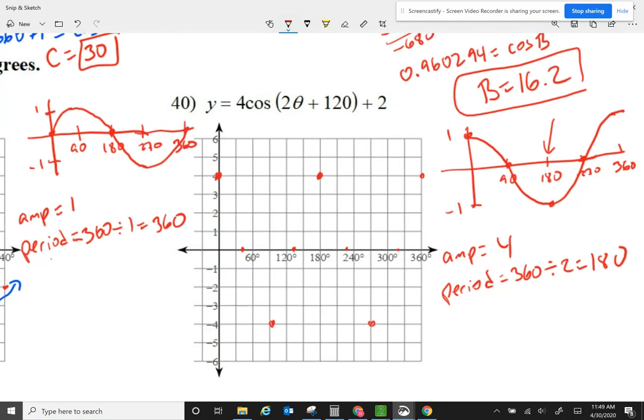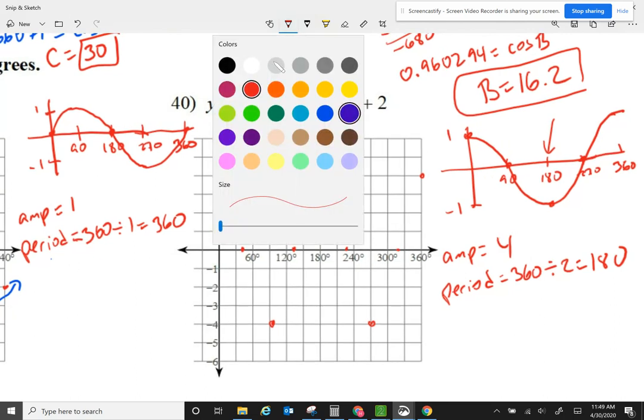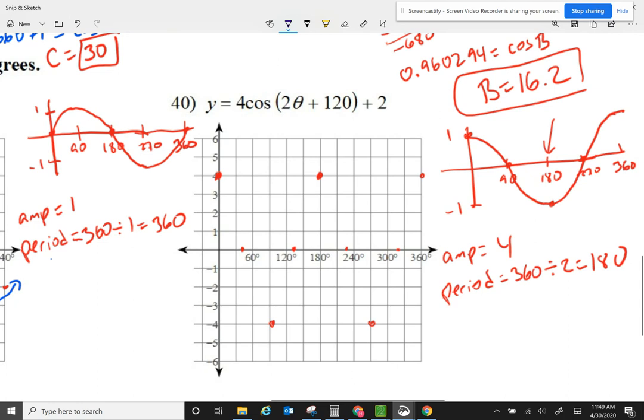Now the shifting. Everything is going to move 2 spaces up. So let me move everything 2 up. So I don't have these red anymore.